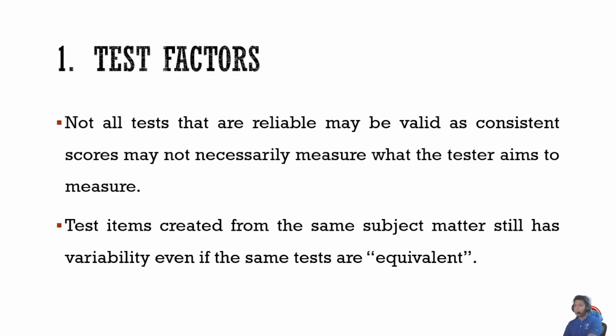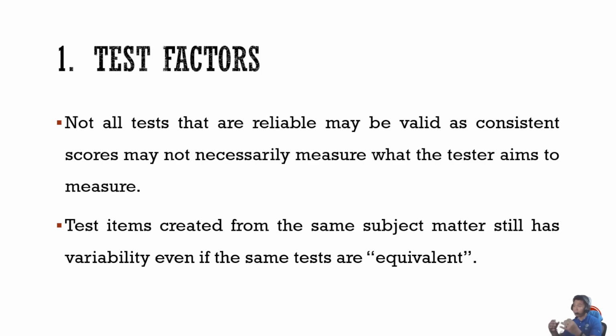Next, test items created from the same subject matter still have variability. What this means is kapag yung topic mo ay, for example, topic lang sa Philippine history during the Spanish era. Pag gumawa ka ng test items doon nung June, and then biglang dumating yung August, gagawa ka din ulit ng mga test items.